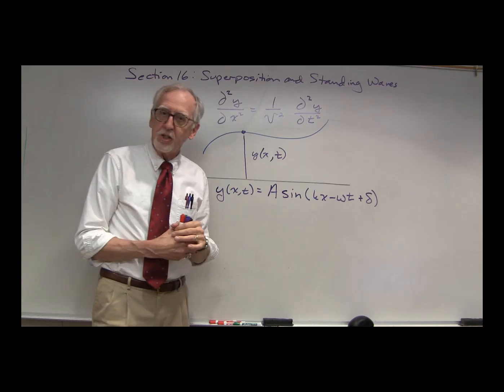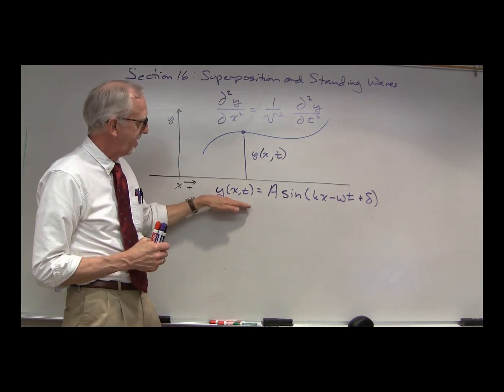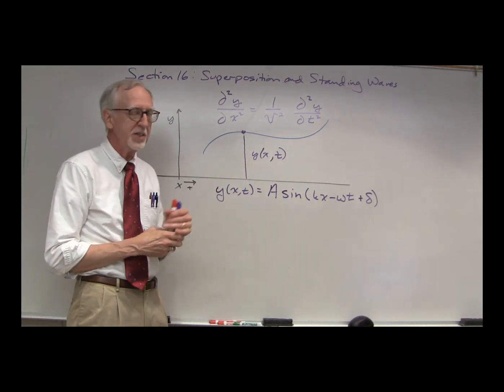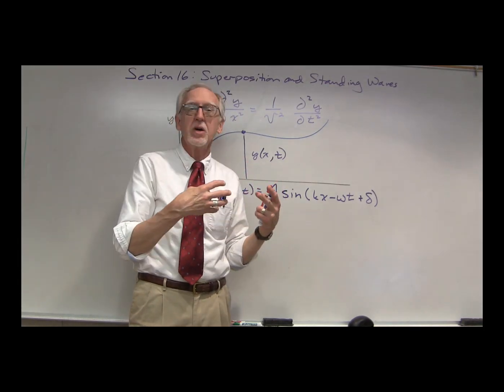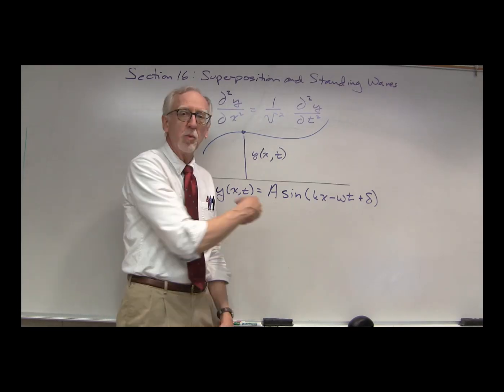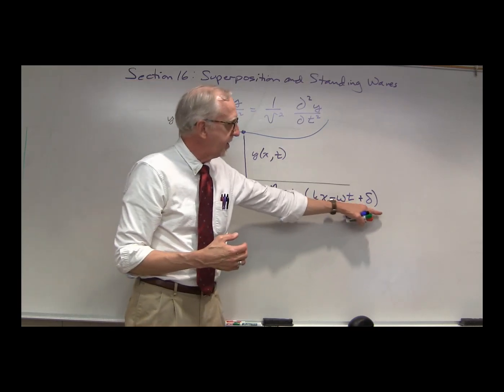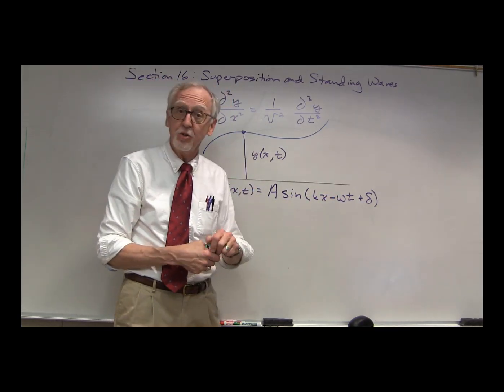A general solution to this looks something like this. A function y of x and t is equal to, now I said a general solution, this is not exactly true. This is a general harmonic solution, a solution that looks kind of like a sine wave. But what we'll do is stick this equation in there and see what conditions we have.